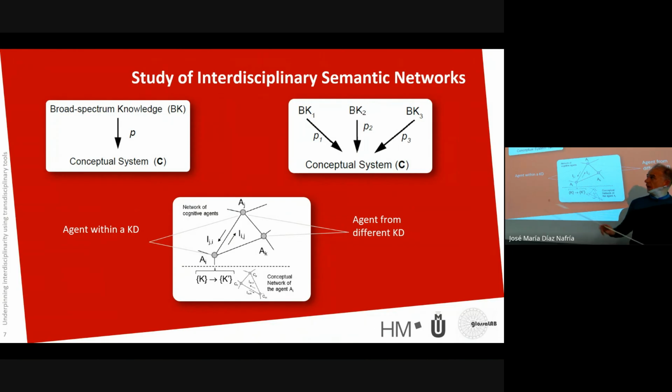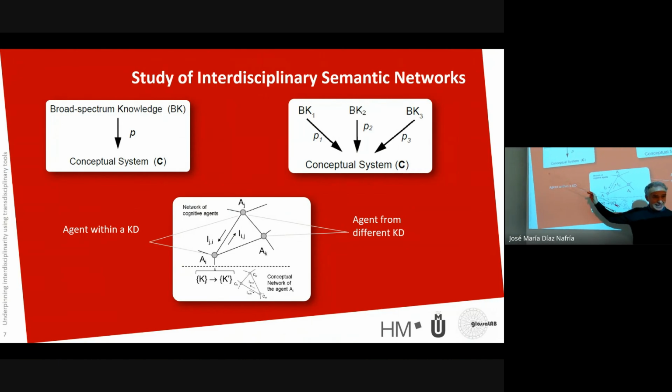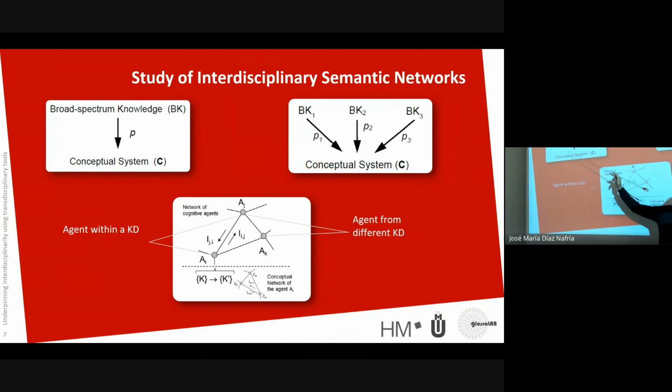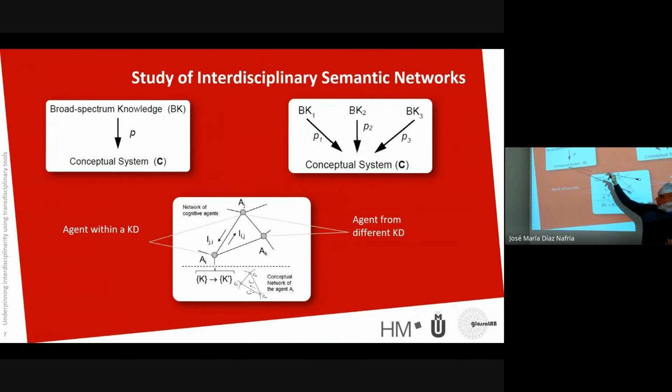So the conceptual system is the relation that exists between the different parts of the different contexts in order to support the broad spectrum of knowledge. The conceptual system can also be mapped through a network, a conceptual network.